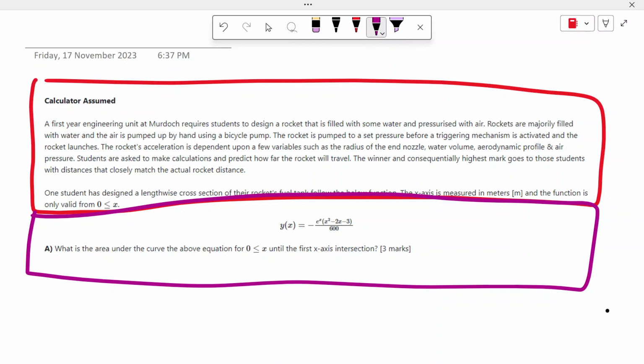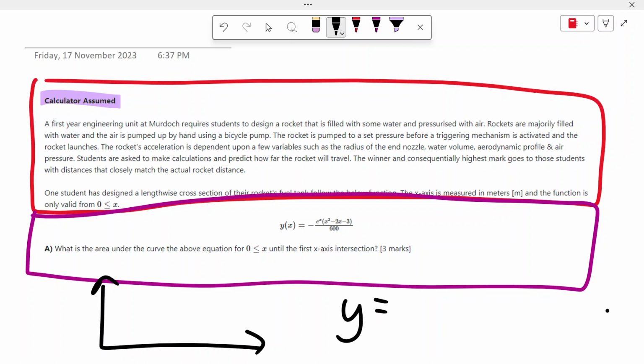For us, this is calculator assumed, so we will need to use a calculator. Now, what we want to do is find the area under the curve. For a really simple function like y equals x, if we say that it starts at 0 and finishes at 2, and we plot this, the area under the curve is this area here.